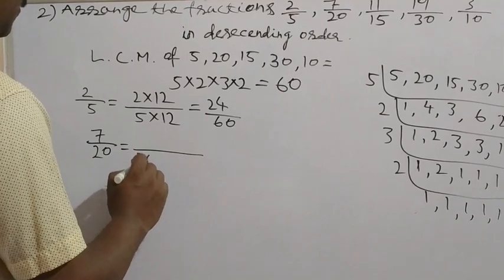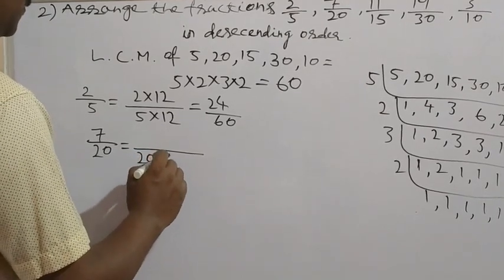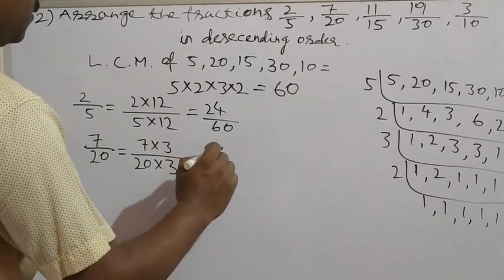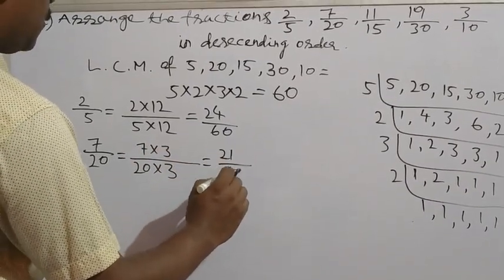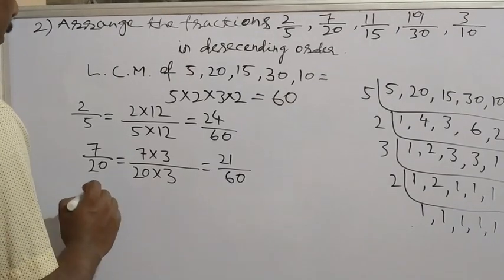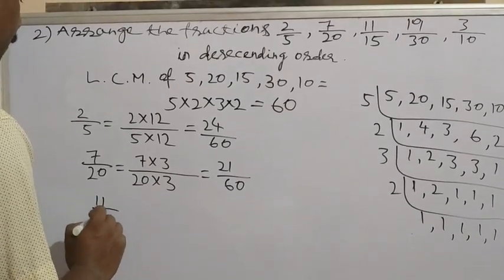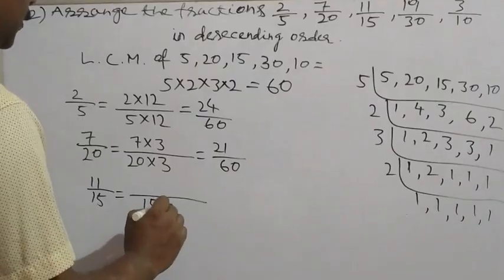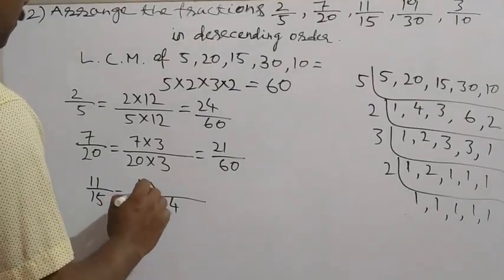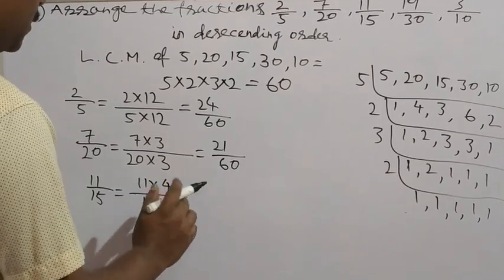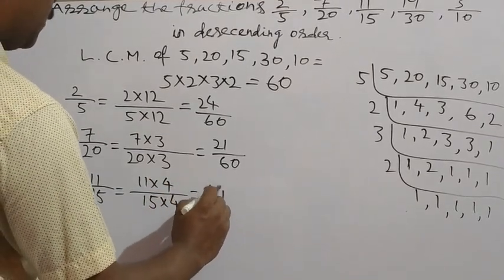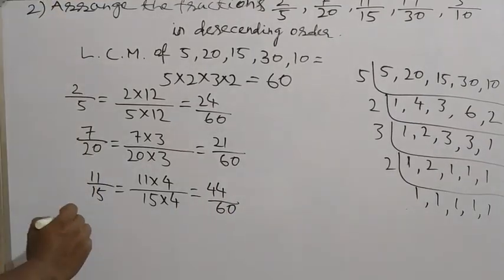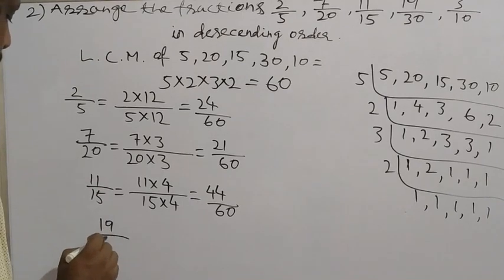What will we multiply to get 60? 3. So 7 also you multiply by 3, so it becomes 21 by 60. Then 11 by 15. What will we multiply to get 60? 4. 11 you multiply by 4, the same number, so 44 by 60.